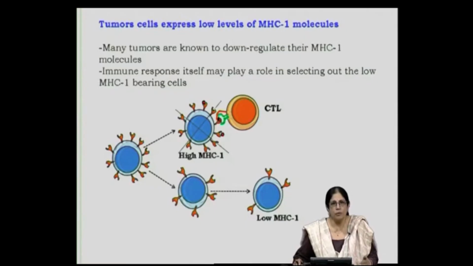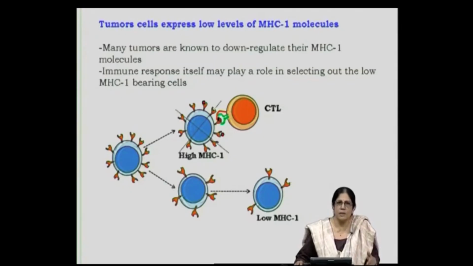Now, by now you would have studied the way CD8 cells or the cytotoxic T cells can bring about target cell killing. In fact, T cells recognize peptides from antigen or antigenic peptides in the context of class 1 MHC or class 2 MHC molecules.